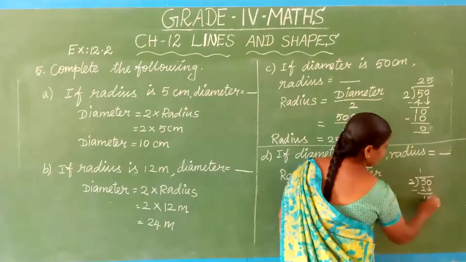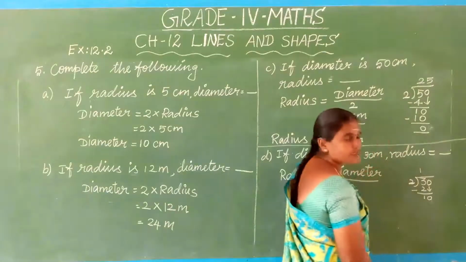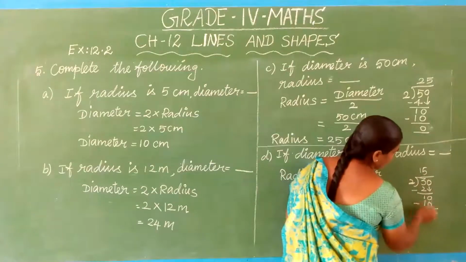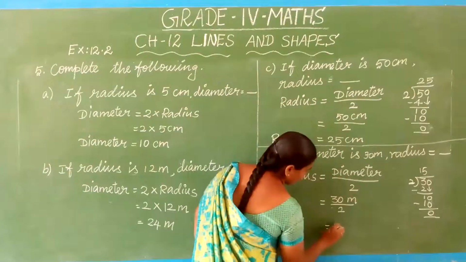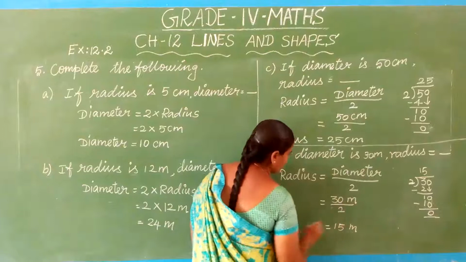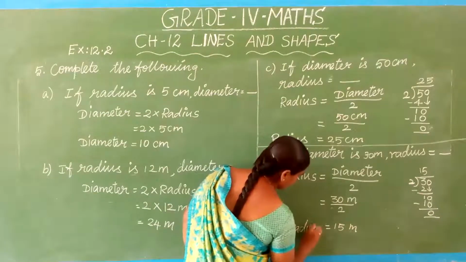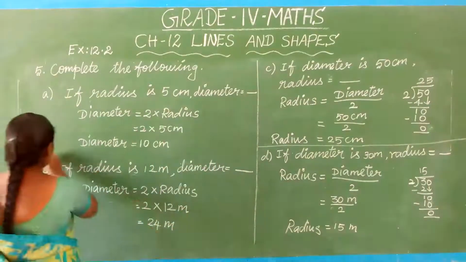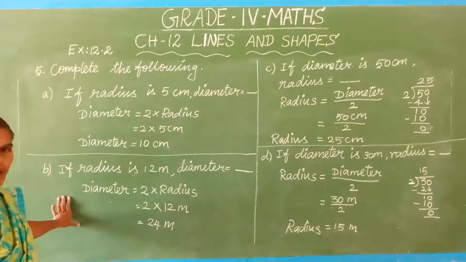Next you bring down 0. Now this number is 10. How many times? 5 times. 5 2s are 10. Now put the minus, we get 0. So your answer is 15 meter. So write 15 meter. Radius is equal to 15 meter. Okay, so exercise 12.2 completed.